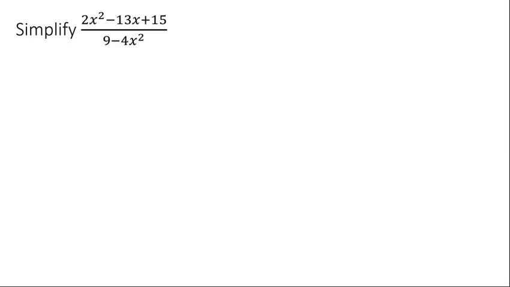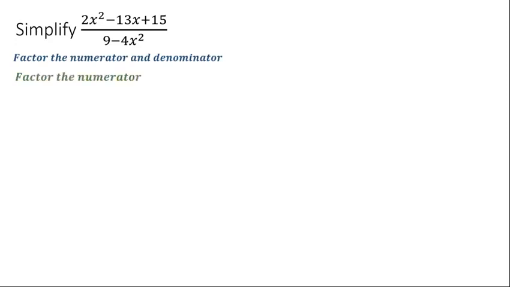Simplify 2x squared minus 13x plus 15 over 9 minus 4x squared. So ang una nating i-factor ay ang ating numerator. Now, as you can observe, our numerator here is a general trinomial of the form ax squared plus bx plus c.